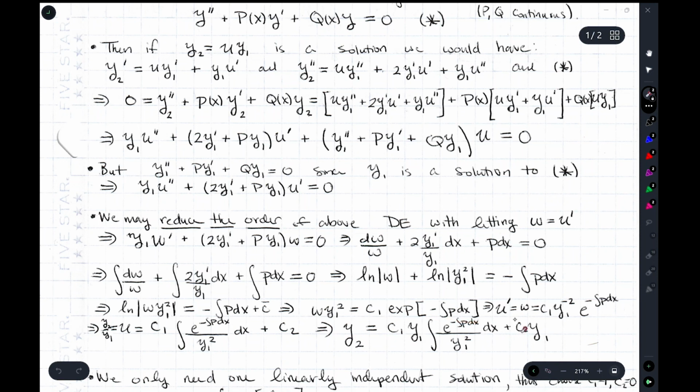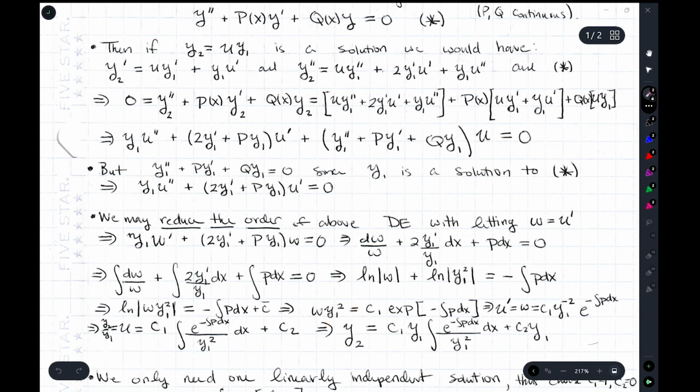Now, what is w? Well, w is u prime. So we want to come back to u now because that was what we were solving for before. We write that u prime is equal to w is equal to c1 y1 to the minus 2. That's just moving this y1 to the other side.